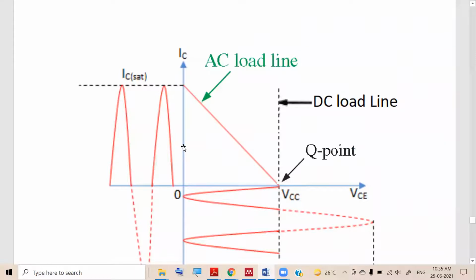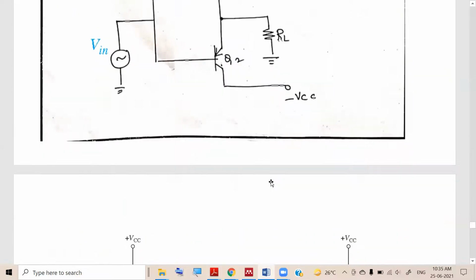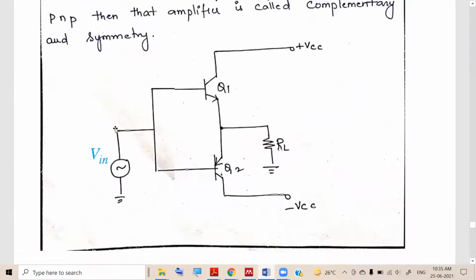During the positive half cycle, we discussed that Q1 will conduct. So actually what happens during the positive half cycle is that due to the sinusoidal positive half cycle of Vin, the base current IB will be a positive half cycle.